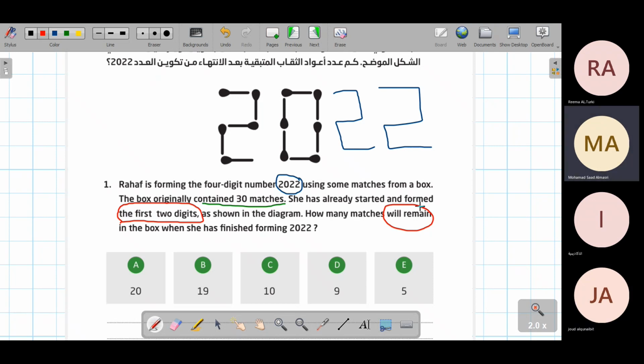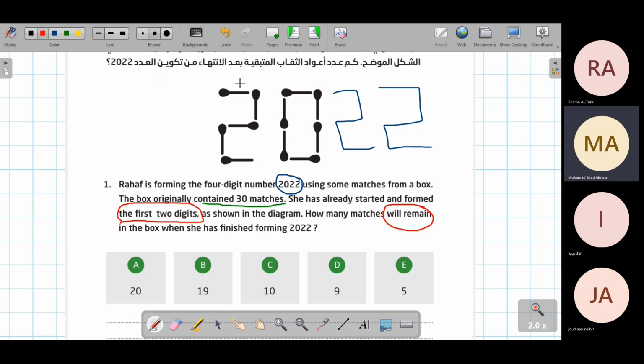Yalla, how do we start to find our answer? Come on, Jude, we need to try at least. So let me help you.